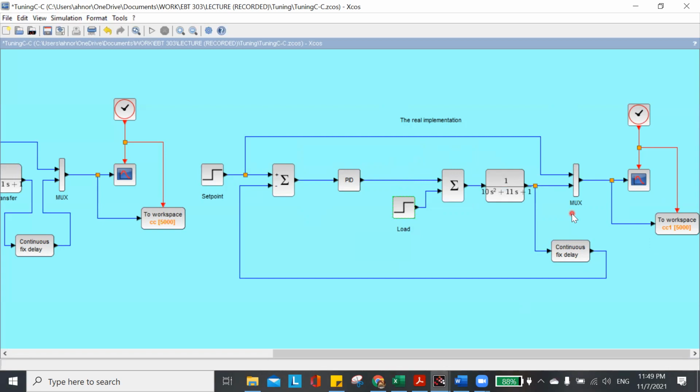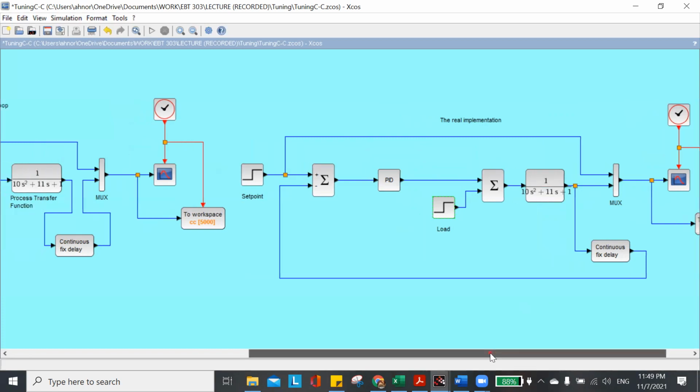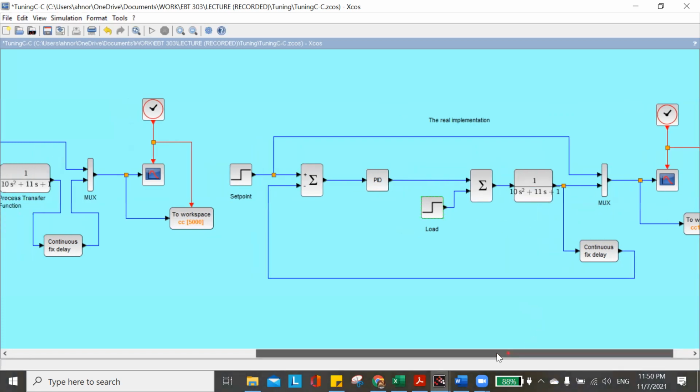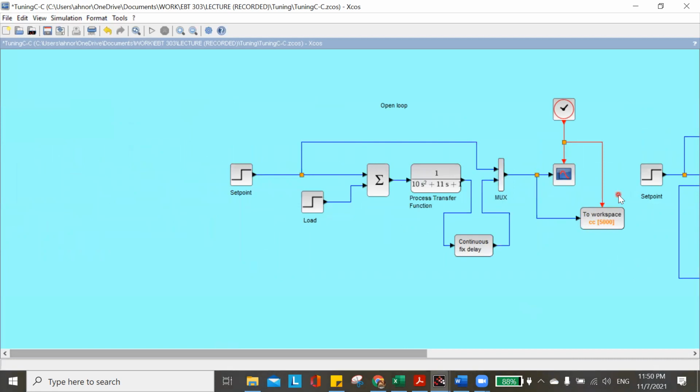To use Cohen to determine the starting value, for this example I will give you the example of KC for a proportional controller only. So we need to convert the feedback control system, which is automatic, to an open loop system. Here, this is the closed loop and this is the open loop.